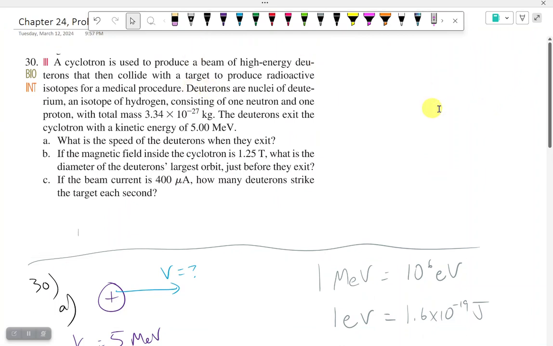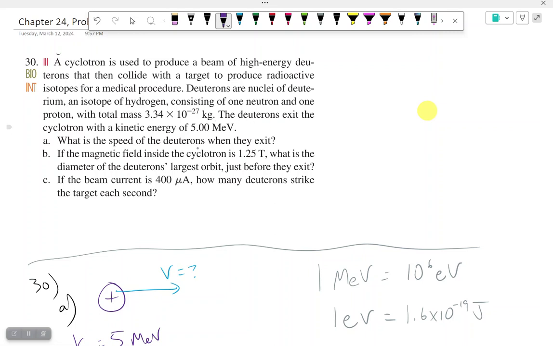All right. So, I was asked to do this problem here. It says a cyclotron is used to produce a high energy beam of deuterons that can then collide with a target to produce radioactive isotopes for medical procedures. Deuterons are nuclei of deuterium, an isotope of hydrogen consisting of one neutron and one proton, with a total mass of 3.434 times 10 to the negative 27 kilograms.